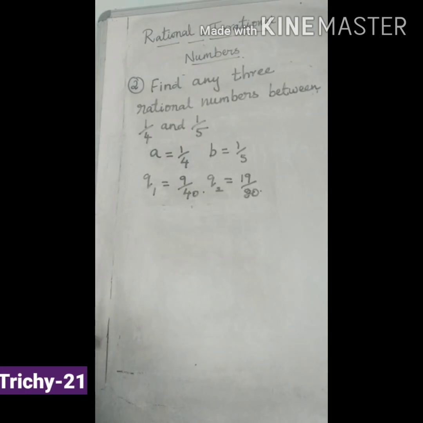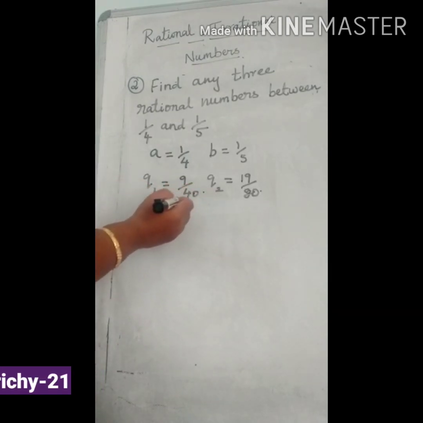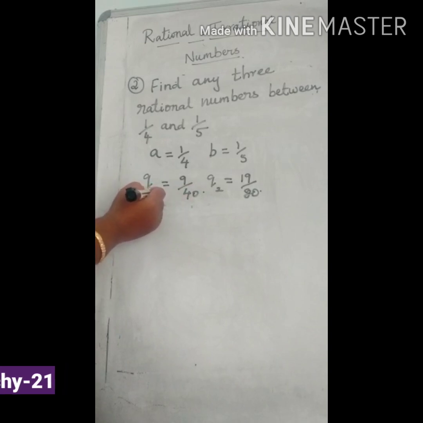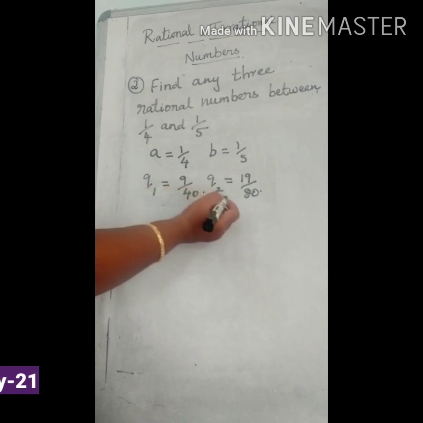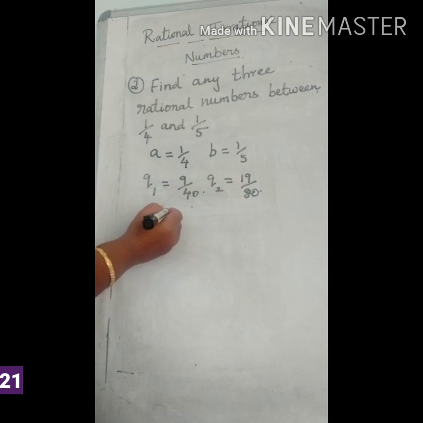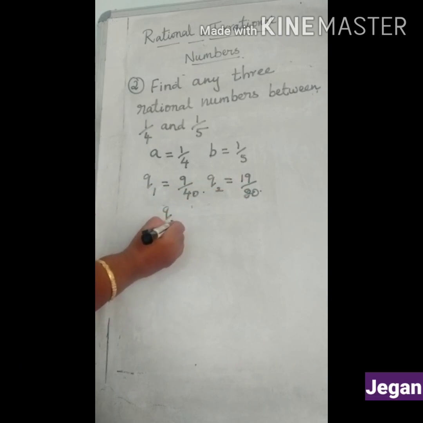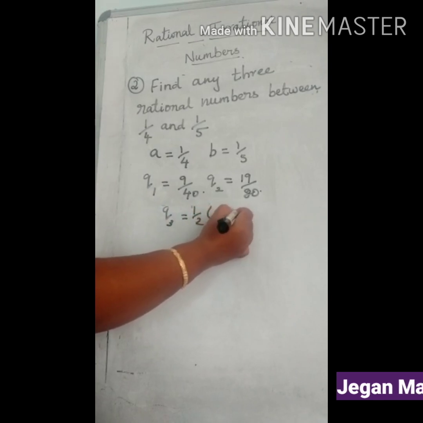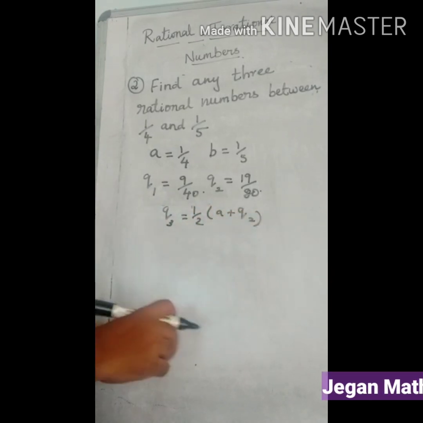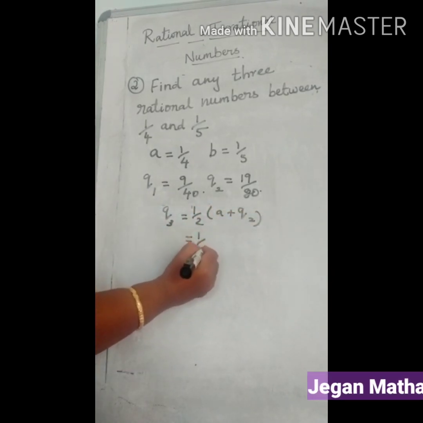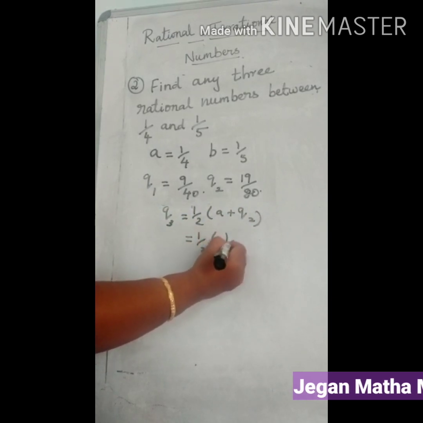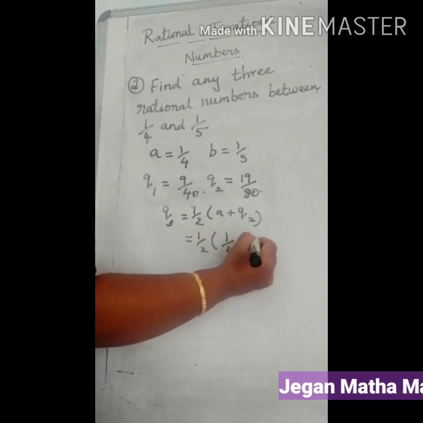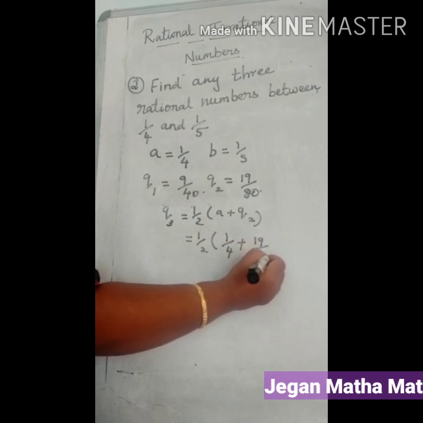Let us find the third rational number. First one is Q1, already found as 9 by 40, and Q2 is equal to 19 by 80. Then we find Q3, that is equal to 1 by 2 into (A plus Q2). That is equal to 1 by 2 into, what is A? 1 by 4 plus Q2, which is 19 by 80.